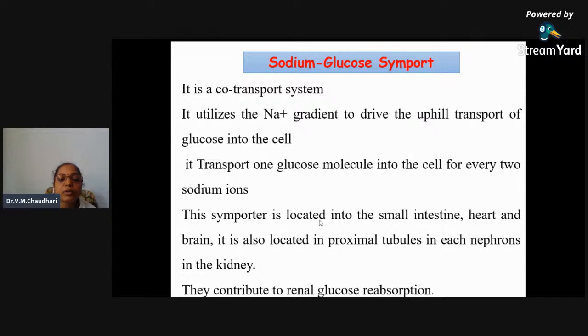So this symporter is located in the small intestine, in heart and in brain. It is located in the proximal tubules in each nephron in the kidney. आणि कुठे असतात, किडनी मध्ये असतात.